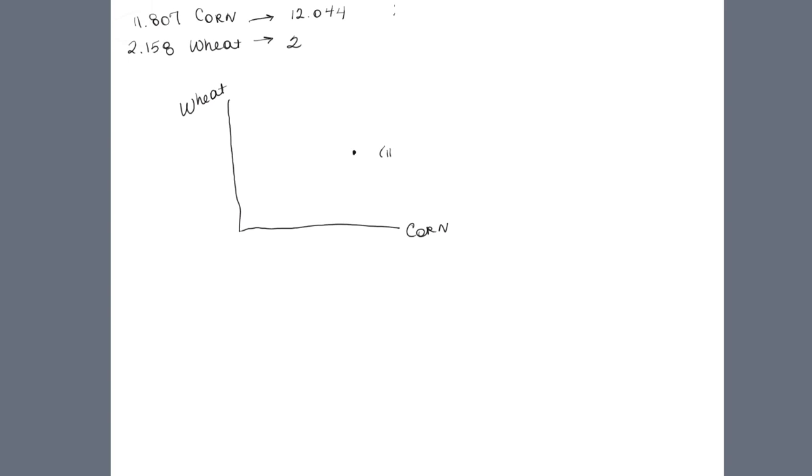it's saying that the opportunity cost of moving, so here is 11.807 and this is 2.158, from 11.807 to this new point of 12.044, what do they tell us?